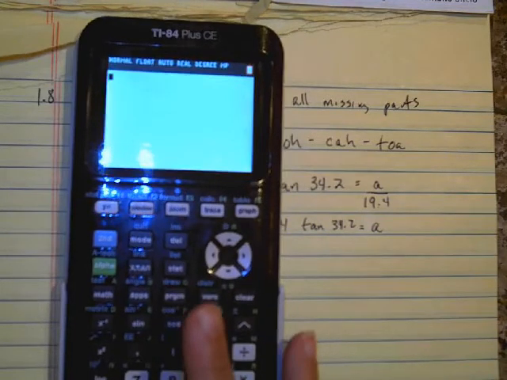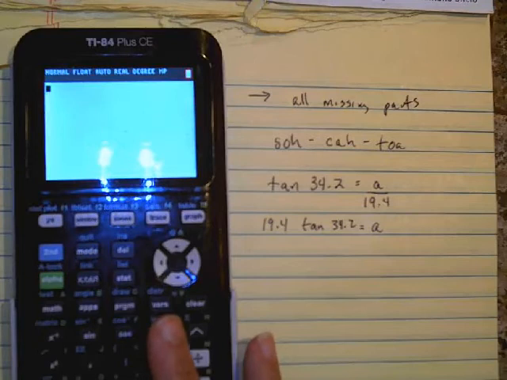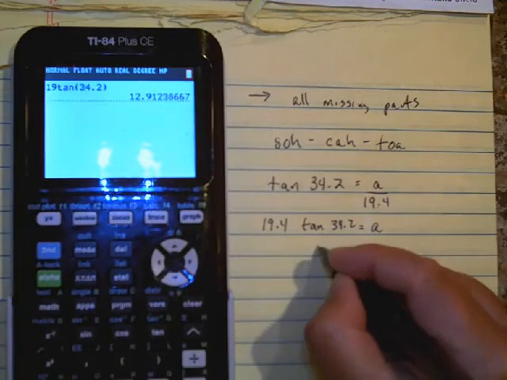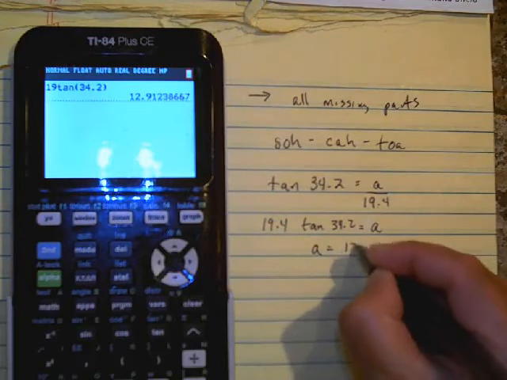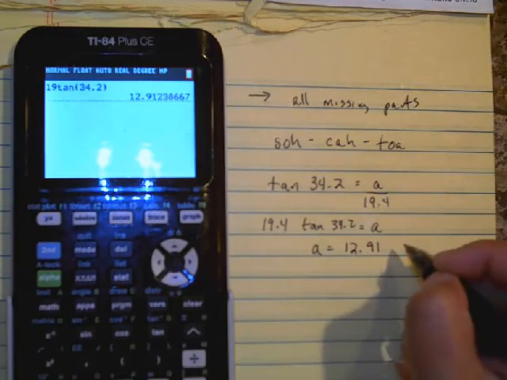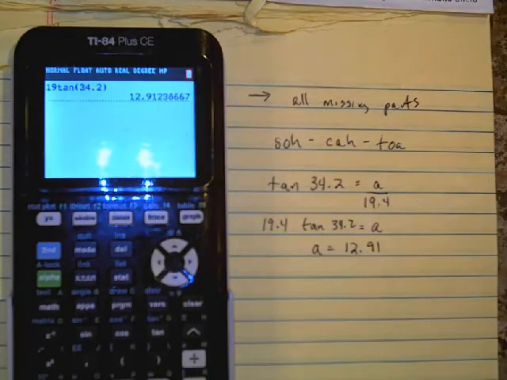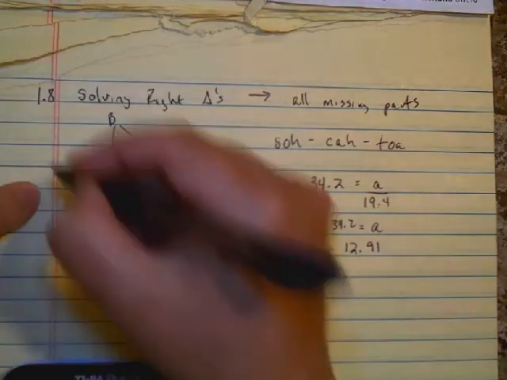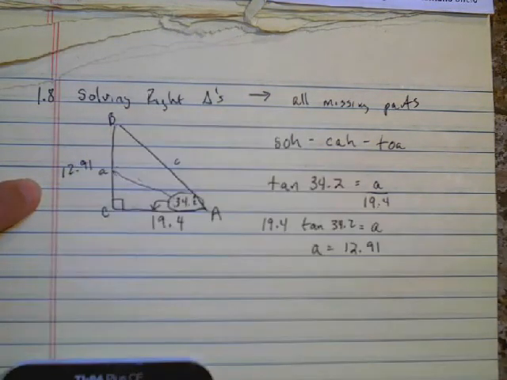And I'm just going to type the equation in just like it is. 19, and I can put times, or I don't have to put times because it's multiplied, tangent 34.2 parentheses. And so that side is 12.91. We're going to round all these problems two places out. So this side is 12.91.